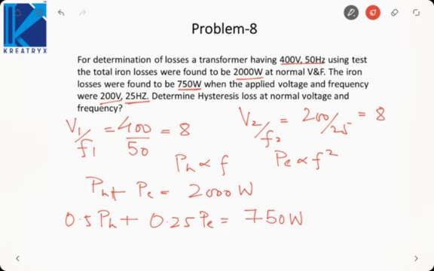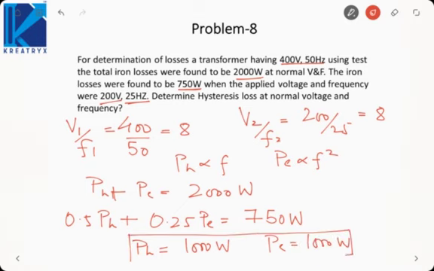Now if we solve this, we will get hysteresis loss to be 1000 watt and eddy current loss to be also 1000 watt. So that is how you separate the iron losses into hysteresis and eddy current losses. And wherever you are not able to separate like this, you have to consider only hysteresis loss.